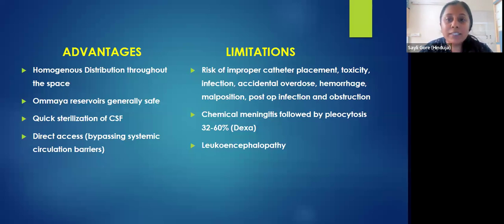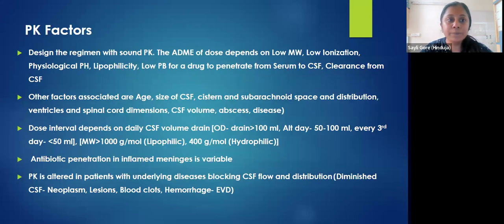There are some other risks such as improper catheter placement, toxicity, or a secondary infection, as another infection can come through it. Accidental overdose can happen by instilling the antimicrobials directly. Hemorrhage or malposition can occur, or any obstruction. And even leukoencephalopathy is one limitation of this therapy.